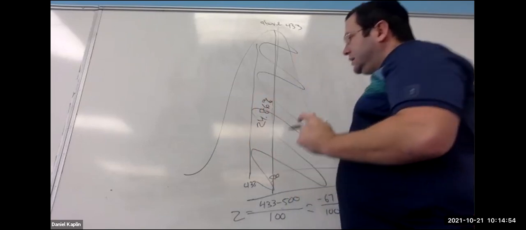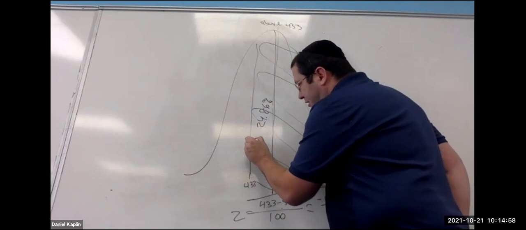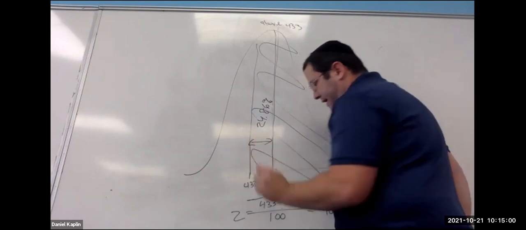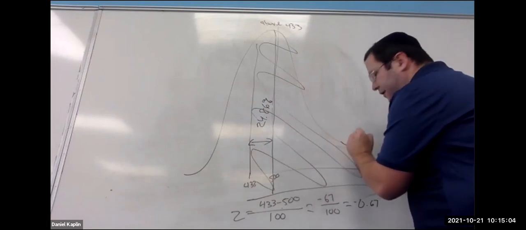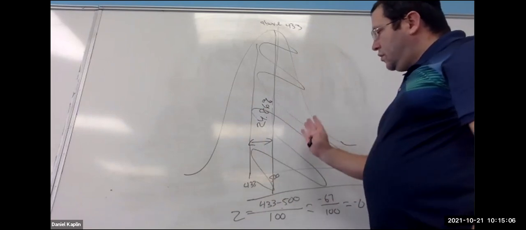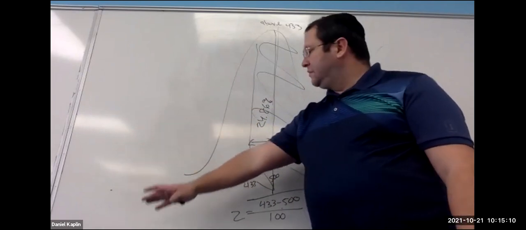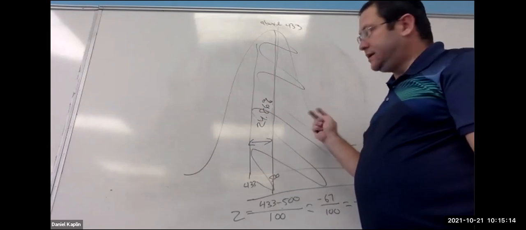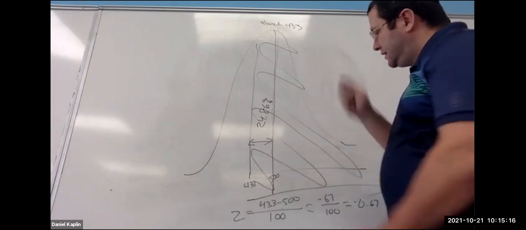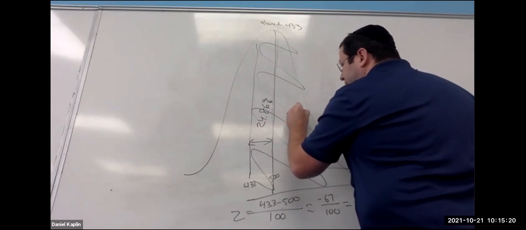All right. So what that does is gives me the area under the curve between here and here. Now, I have a whole other side of this bell curve, don't I? Half of the bell curve is 50%. The other half of the bell curve is 50%. Together, it's 100%. So if I'm taking this whole side, I'm going to do 50%.